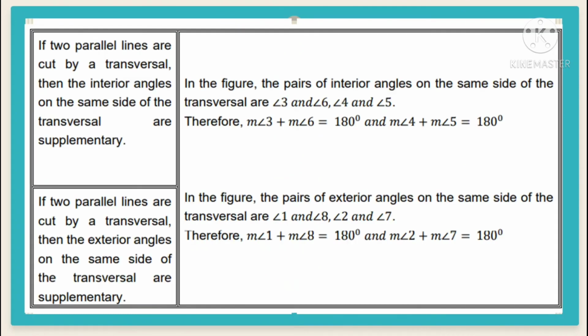If two parallel lines are cut by a transversal, then the exterior angles on the same side of the transversal are supplementary. In the figure, the pairs of exterior angles on the same side of the transversal are angle 1 and angle 8, angle 2 and angle 7. Therefore, angle 1 and angle 8 are 180 degrees, and angle 2 and angle 7 are also 180 degrees.